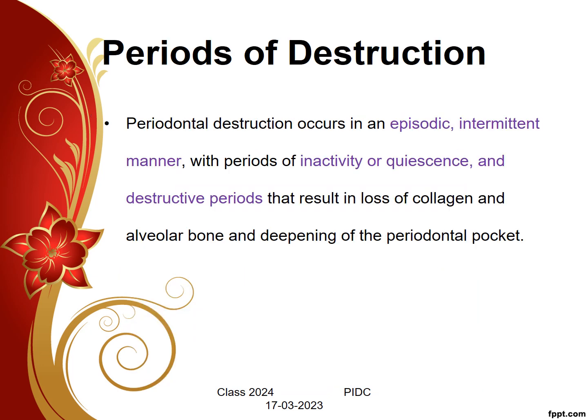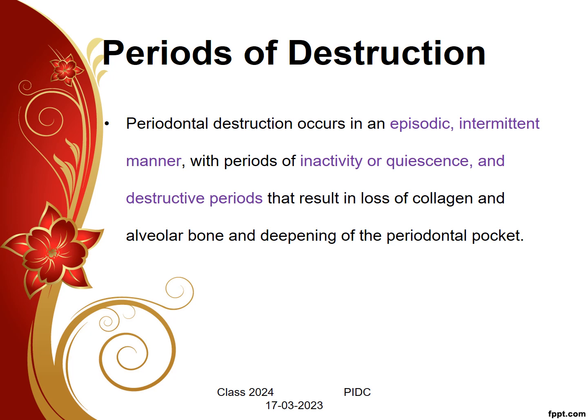Coming on to the periods of destruction, periods of destruction and construction are always a balance. When there is a period of destruction, it is a stage where there is excessive destruction of the bone. This occurs in an episodic, intermittent manner with periods of inactivity or quiescence, and destructive periods that result in loss of collagen and alveolar bone and deepening of the periodontal pocket.